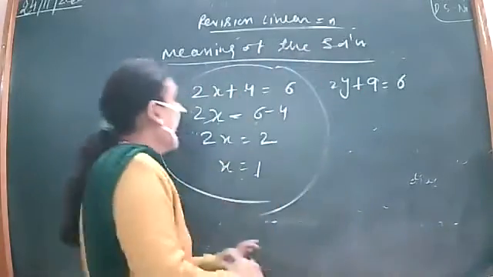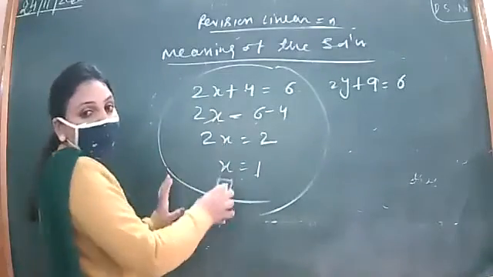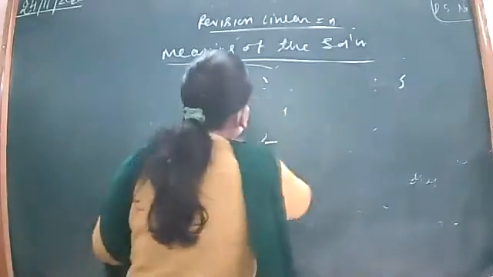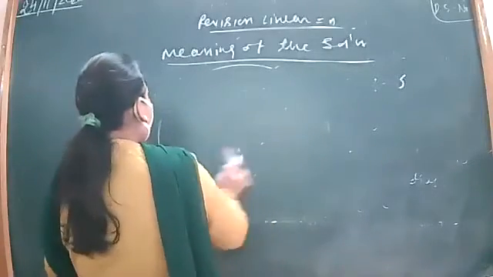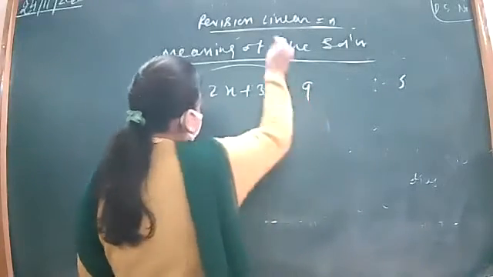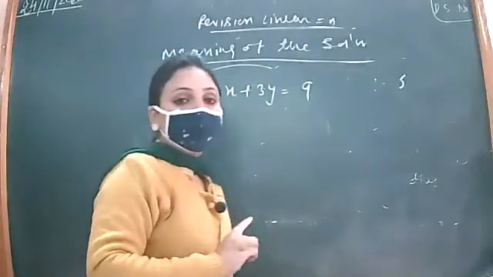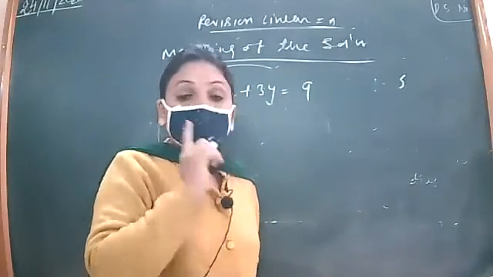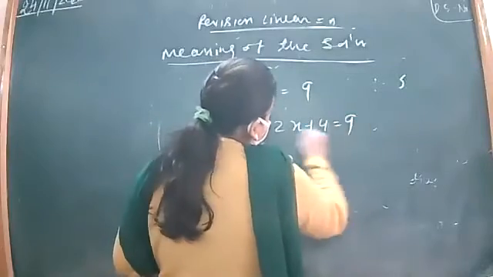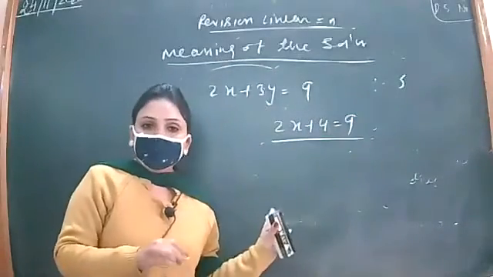But if we are talking about linear equations in two variables, these things have gone. We have now shifted to two variables. So if we are talking about two variables, that means 2x plus 3y equal to 9. First of all, let us see, as we did earlier, the meaning of the solution is that number which satisfies this equation.